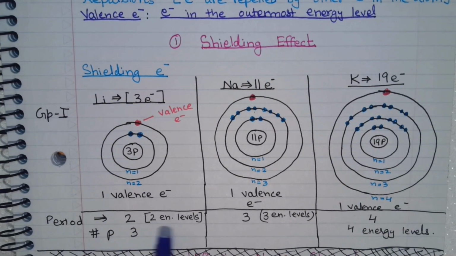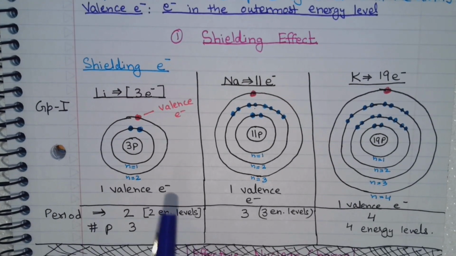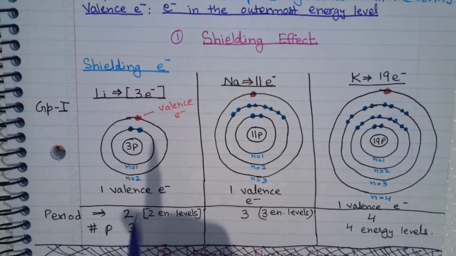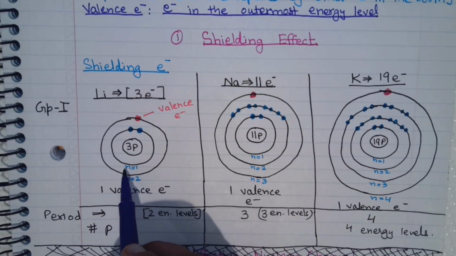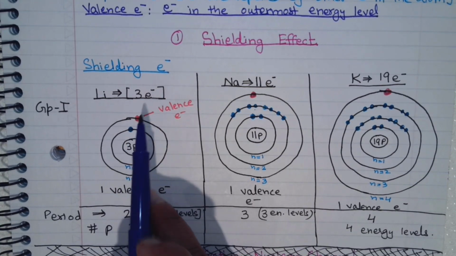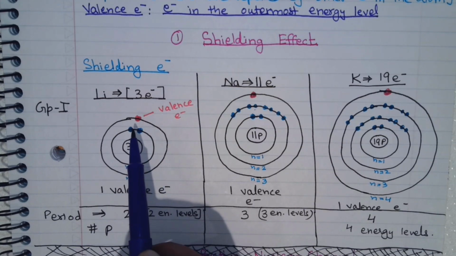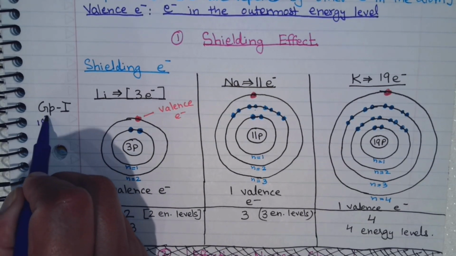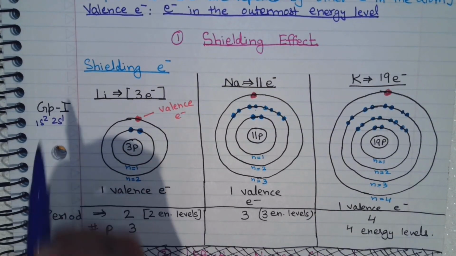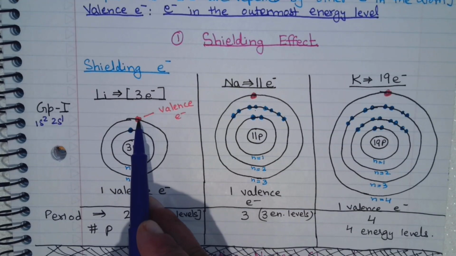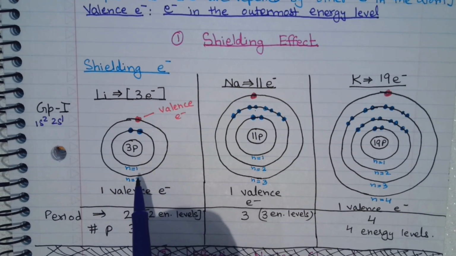Lithium has two energy levels, and within those we have to distribute the 3 electrons, so we draw n equals 1 and n equals 2. We put 2 in the first, so the configuration is 1s2, 2s1: 2 electrons in n equals 1 and 1 electron in n equals 2.